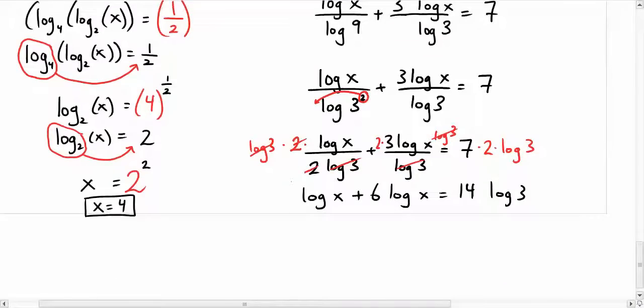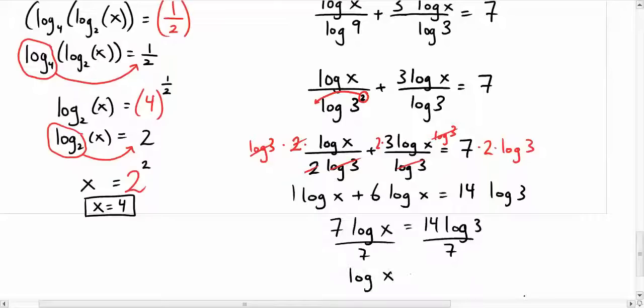So 1 log x and 6 log x's are 7 log x's altogether. You can think of log x as x. 1x plus 6x. And that's 14 log 3s. So if I divide both sides by 7, I get log x equals 14 divided by 7 is 2.